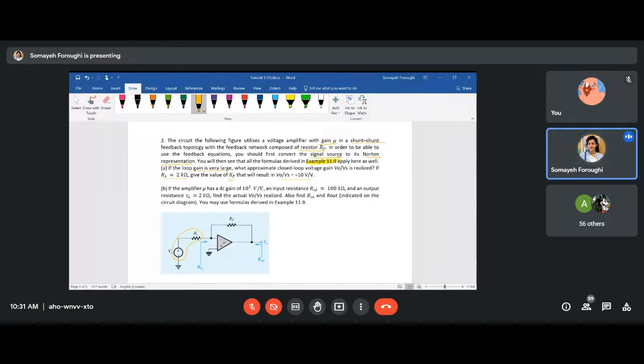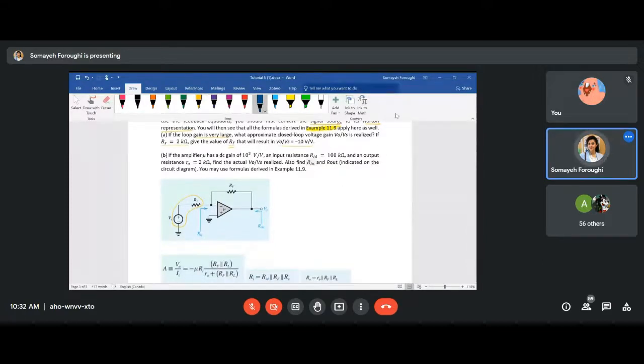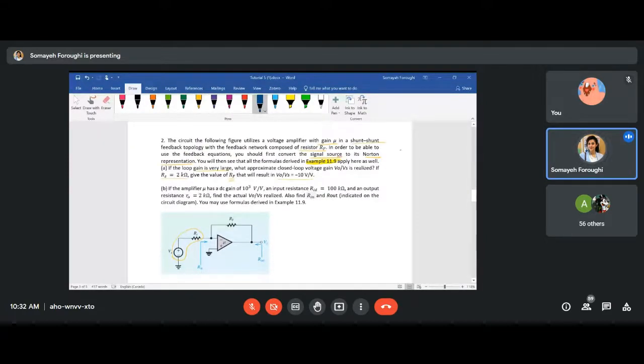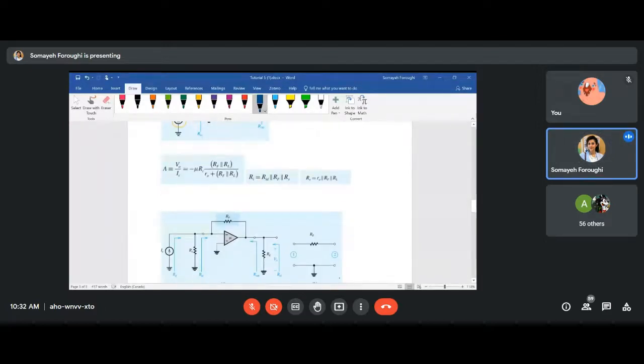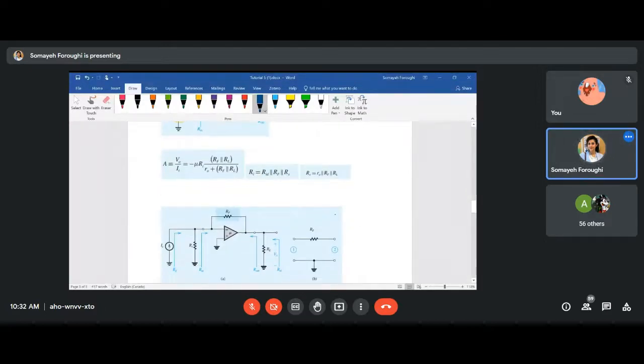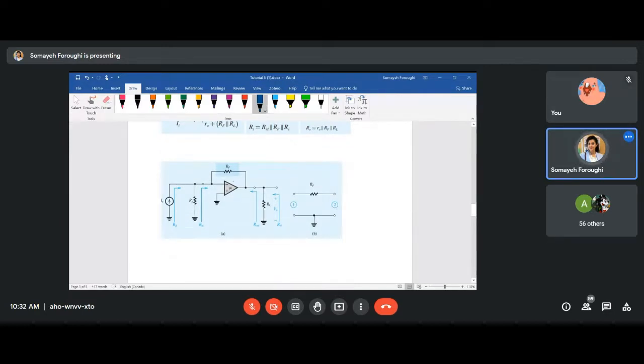First of all, I am gonna change this to a Norton representation. That will be pretty easy. And by the way, because it was shunt equation, so I just brought the set of equations here, you see. Oh, nice, I have this one as well. I just copied it from that example.